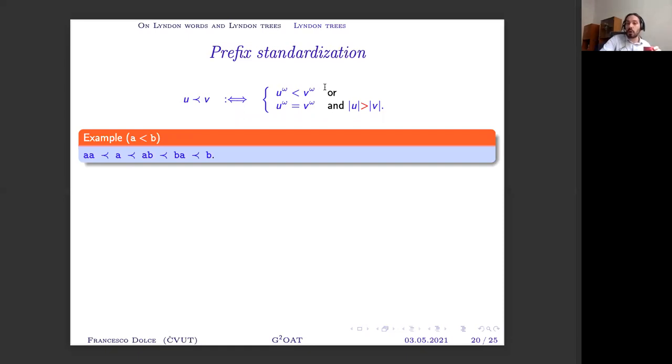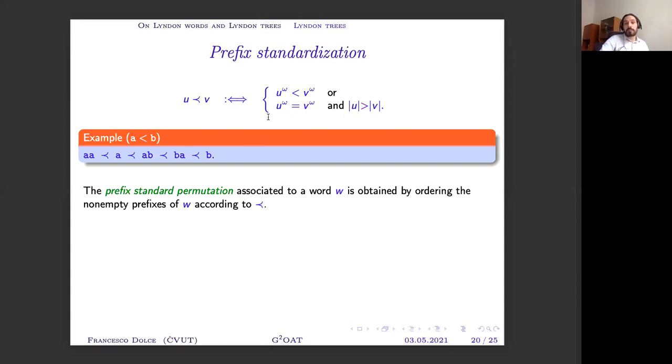I consider U to the omega, V to the omega, with the slight difference that whenever I have two words such that the infinite power is the same, then I consider the smallest one as the longest. So here, for instance, AA, if we consider its infinite power, is equal to A to the infinite power, but AA is considered smaller than A. And then here you have that A is more than AB, AB is more than BA, AB is more than B.